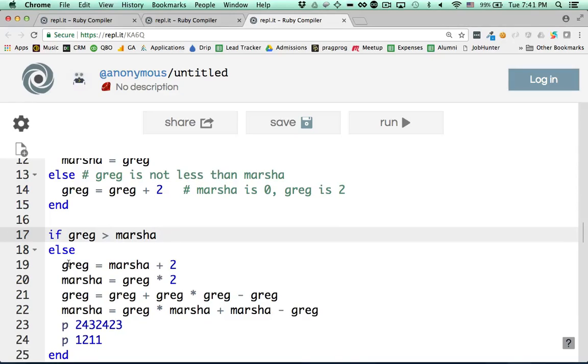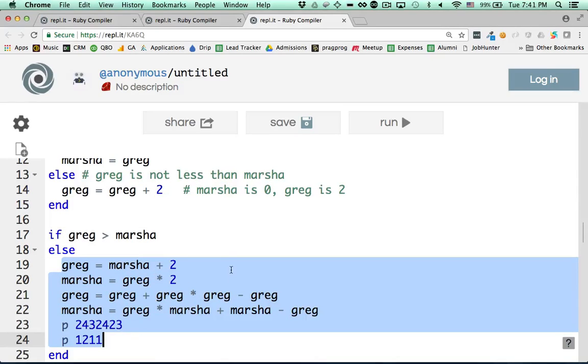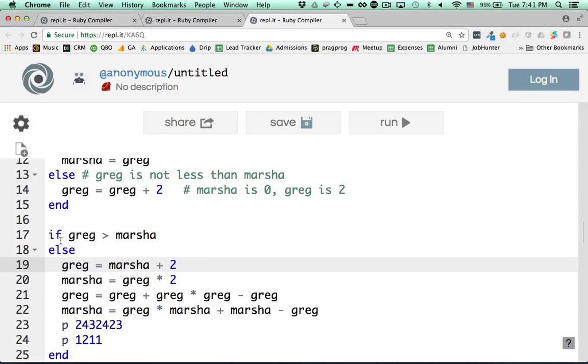So we have to run all this gobbledygook. So notice this is something you haven't seen before in this class anyway. If Greg is greater than Marcia, nothing happens. Oh, I'm sorry. Yes, I stand corrected. Yes, if Greg is greater than Marcia, correct. Yep. I was pretty sure when I made this exercise that I wouldn't have to run that gobbledygook. Yep. Good call, thank you.